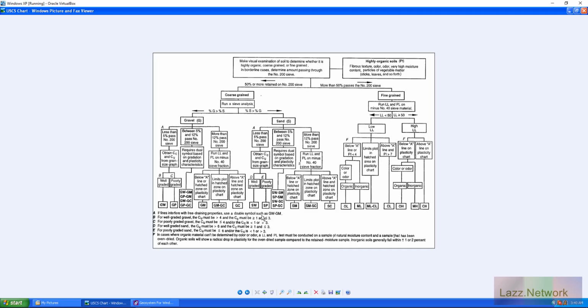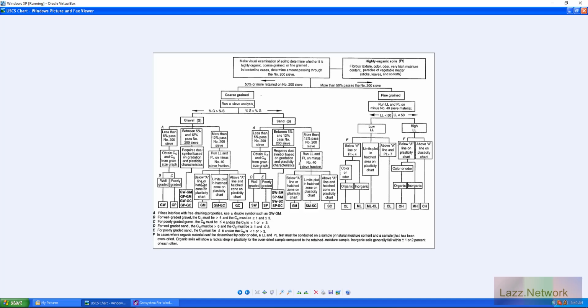So that there is just an experience thing that you develop over time, determining, with silts or clays, if you think it's going to be above or below the hatch line. The in-between mark is always a tough one to figure out, but usually with gravel, you're just dealing with silts, and if it's silts, it's usually below your A line or within your hatched zone.